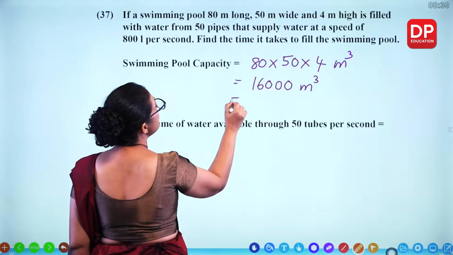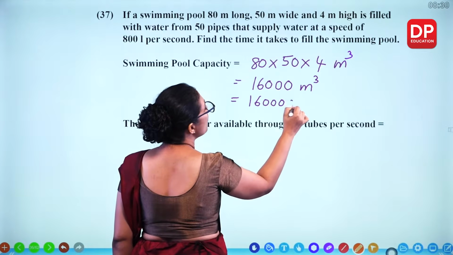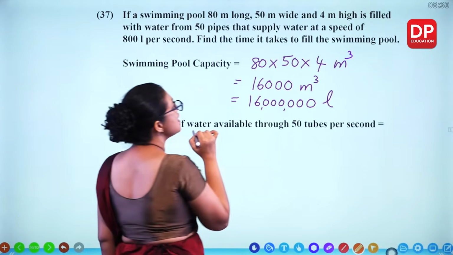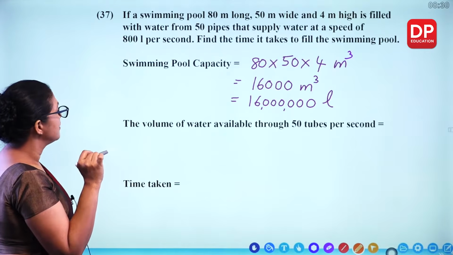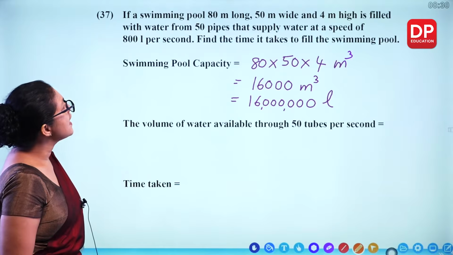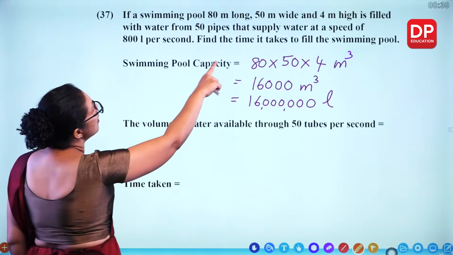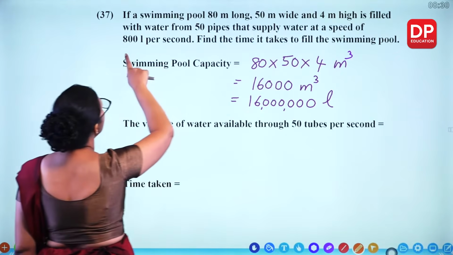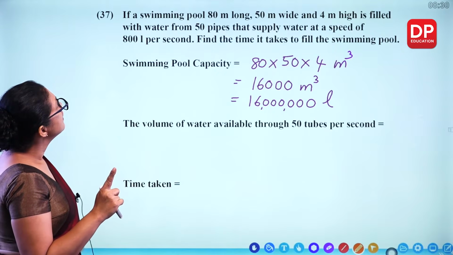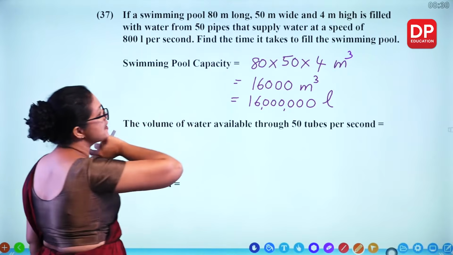And you have to convert this to liters. So what's the liter value? You have to multiply by 1000. 1, 2, 3. So 16 million. The volume of water available through 50 tubes per second. So it says supply water at a speed of 800 liters per second. And here this is from 50 pipes.